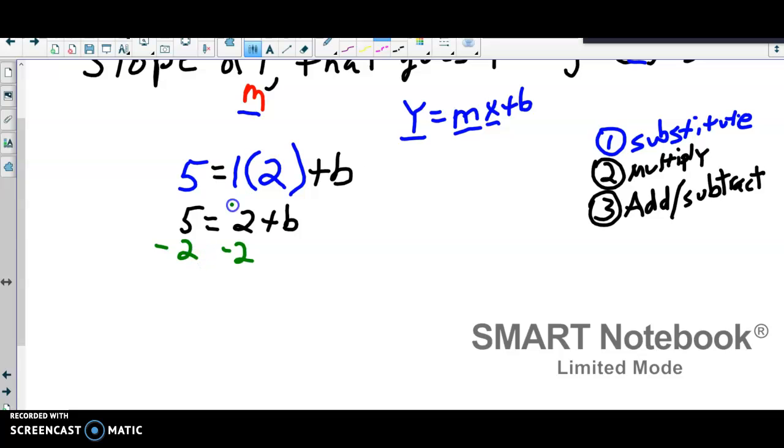So my goal here is to get rid of the 2, which I do. And I do 5 minus 2 and I get 3. Bring down the b. So I just found b. So once I do my add and subtract, that step is done. Then I go to my next step, which is write the equation.